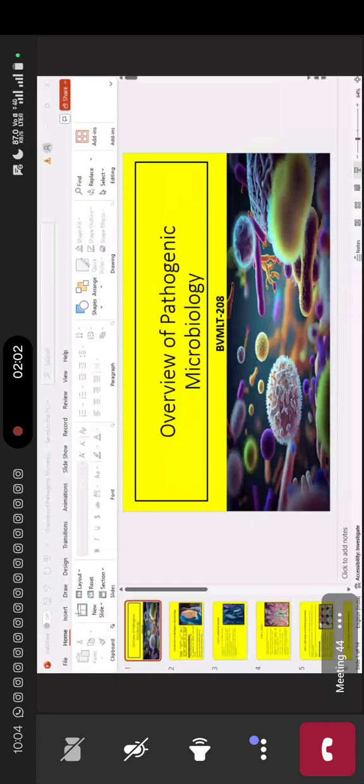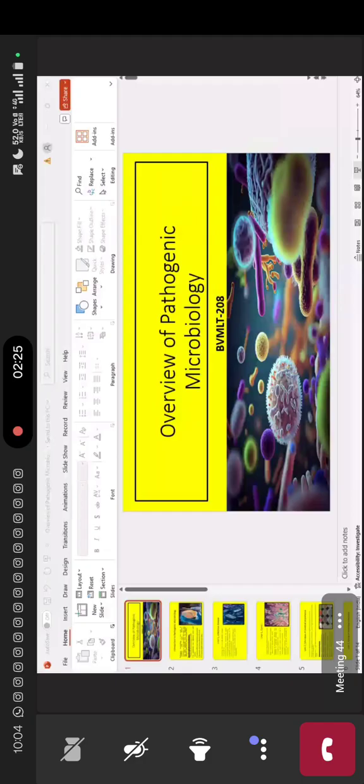So here are two classes, pathogens and commensals. When we are talking about the pathogens, it comes under pathogenic microbiology. It means they are those microorganisms which cause disease to a specific person or cause specific infections to humans, right? So let's start with pathogenic microbiology. See, it is the study of microbes that cause diseases.